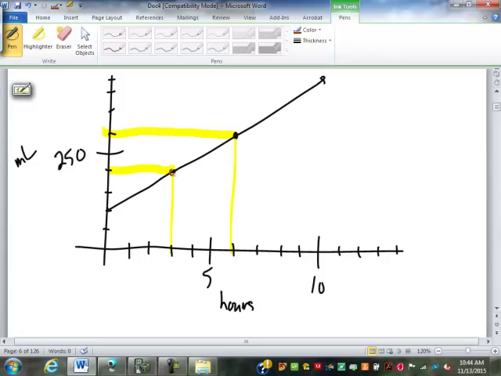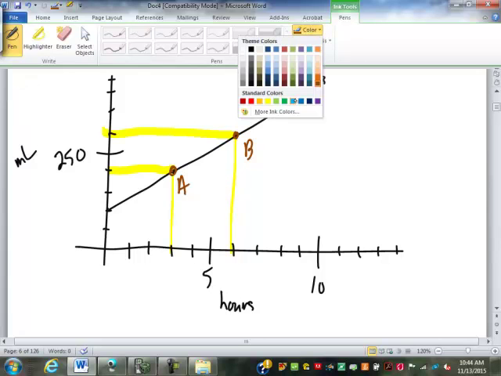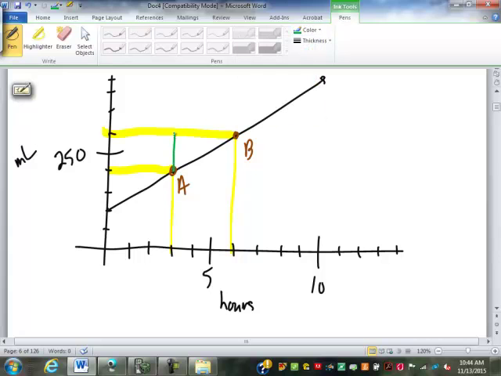First of all, let's say I've got points A and B labeled here. And I want to know from point A to point B, what is the change in y? How many milliliters does this go up?